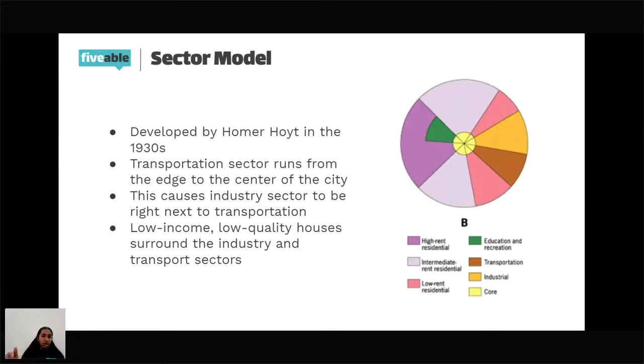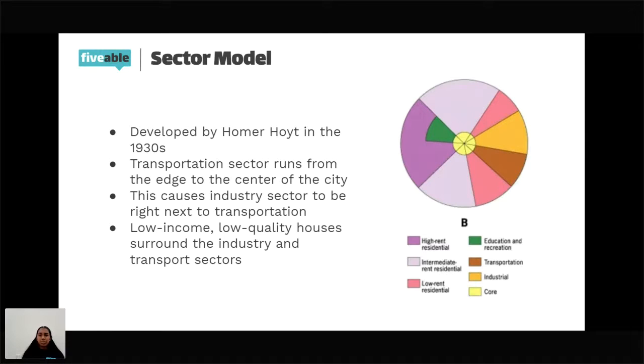So the light orange sector is right next to the transportation sector, because as factories produce products and import raw materials, they need transportation readily available to export and import materials. That's why they're right next to each other.